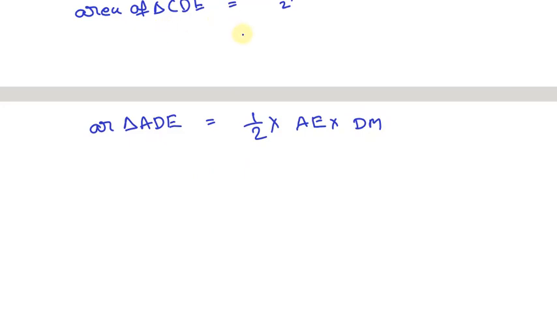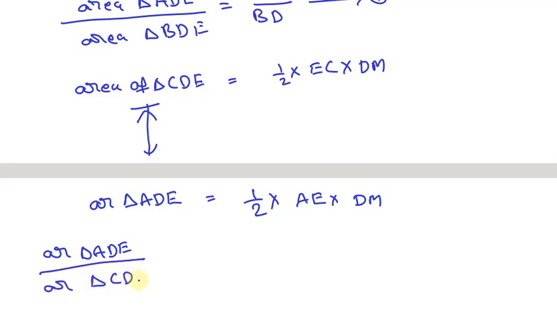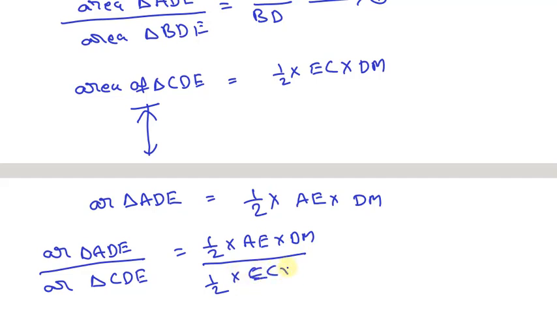Now I am going to find the ratio between these two areas, these two triangles. That means area of triangle ADE by area of triangle CDE. So I am going to write area of triangle ADE as half into AE into DM, by half into EC into DM.